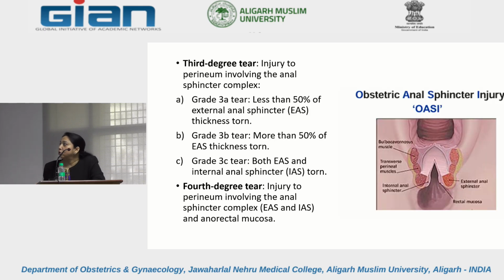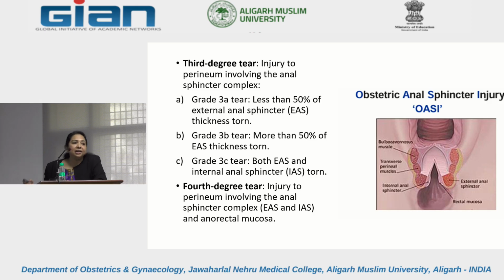So third degree perineal tear, you all know, can be divided into grade 3A, 3B, 3C. And fourth degree, what is the difference? The main difference is that in third degree it is the external anal sphincter, and in fourth degree it's the anorectal mucosa.